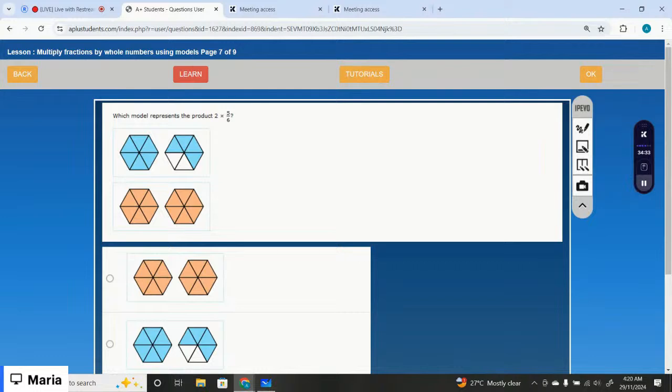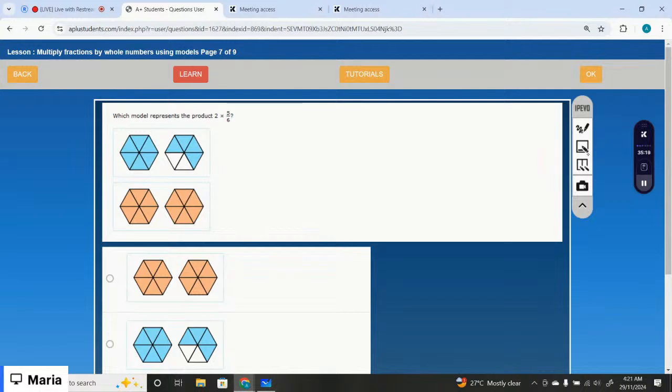Which model represents 2 times 5 by 6? So which is the correct option? 2 times 5 is 10. 10 by 6 it is.